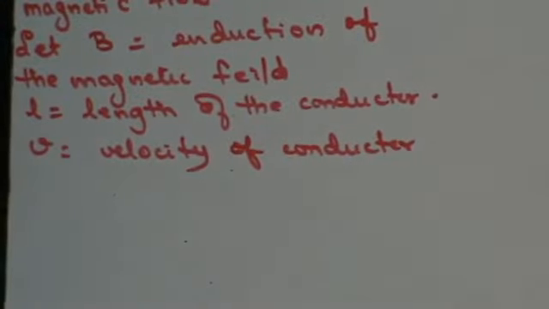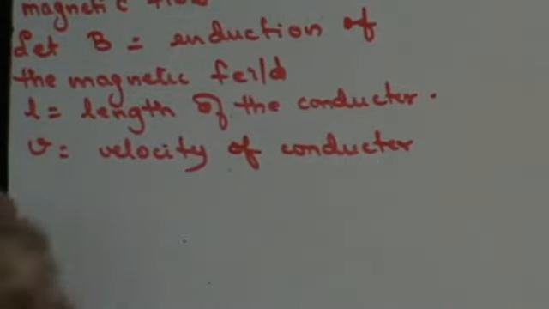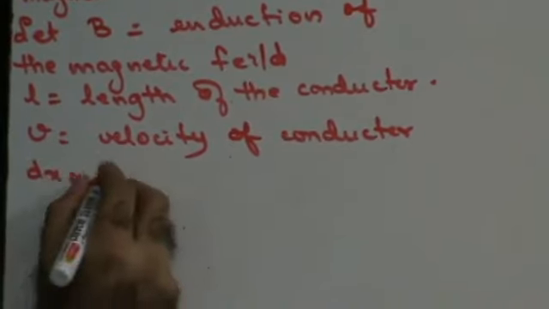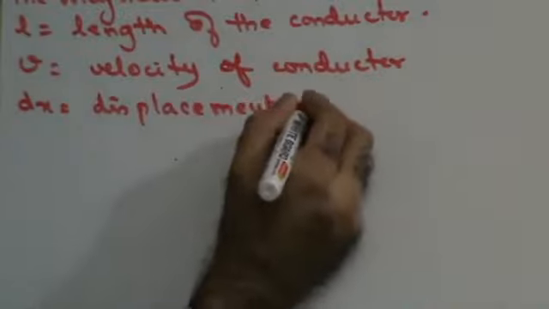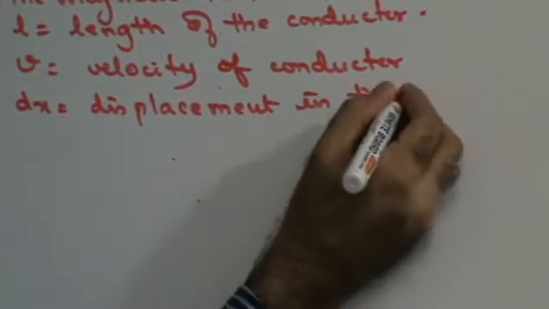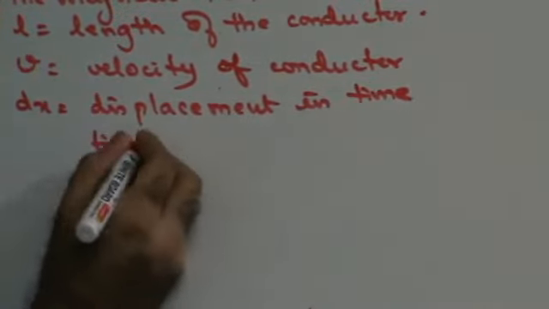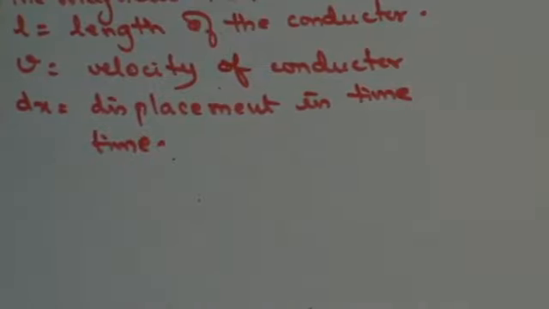Now, let's assume that dx is the displacement of the conductor in time t.